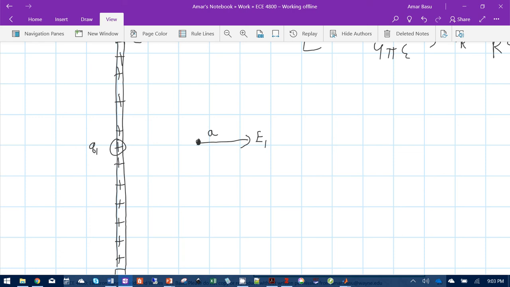How about Q2? What's going to be the electric field line due to Q2? Yeah, just imagine drawing a dotted line here like this. It's going to look kind of like this. E2. Now, how about Q3? It's going to go in this direction.